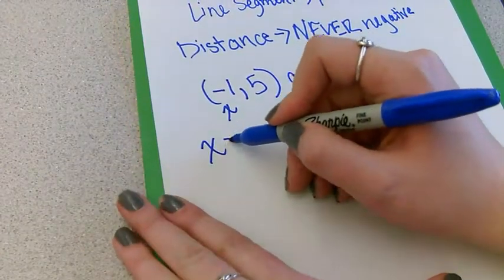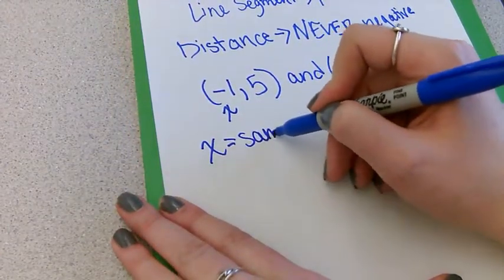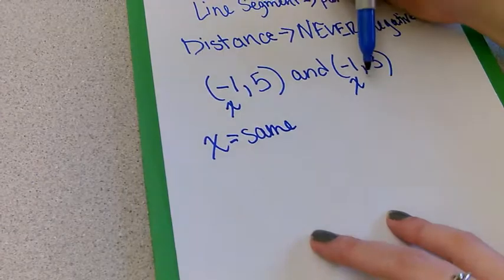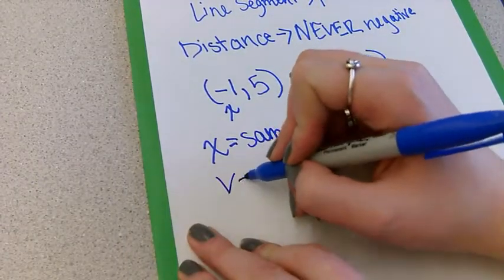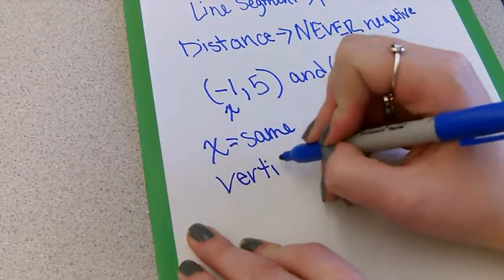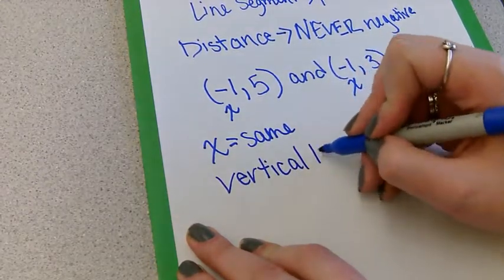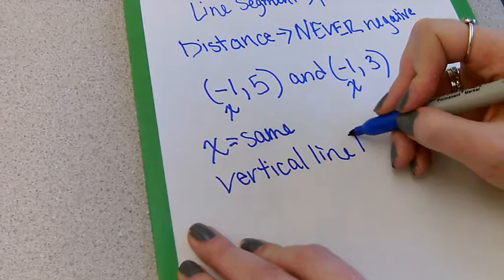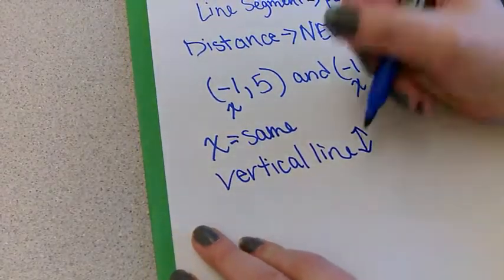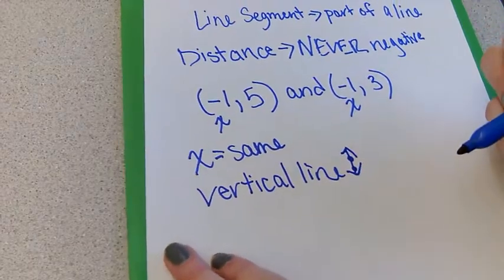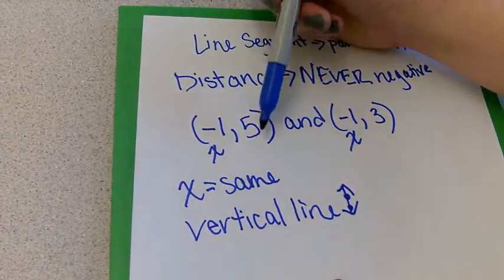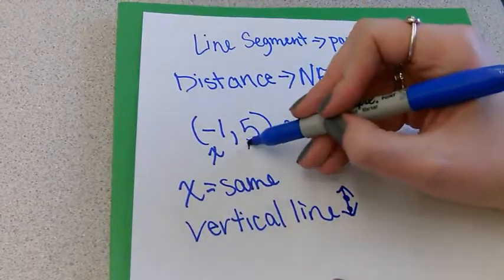The x's are the same. So when the x's are the same, we have a vertical line. Well, really it's a segment, so it would be part of the line, there to there. Then we have different values for the y.